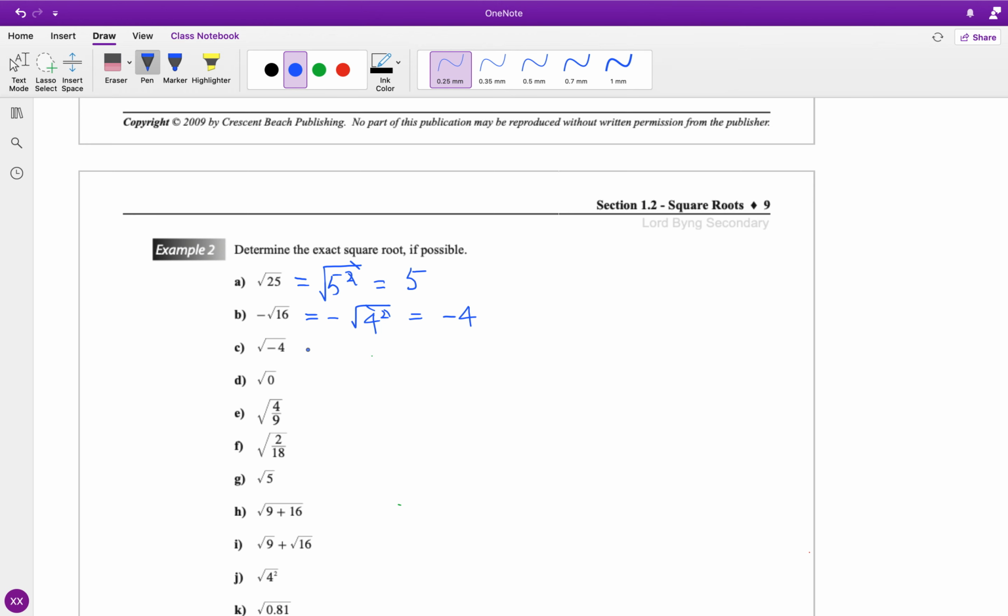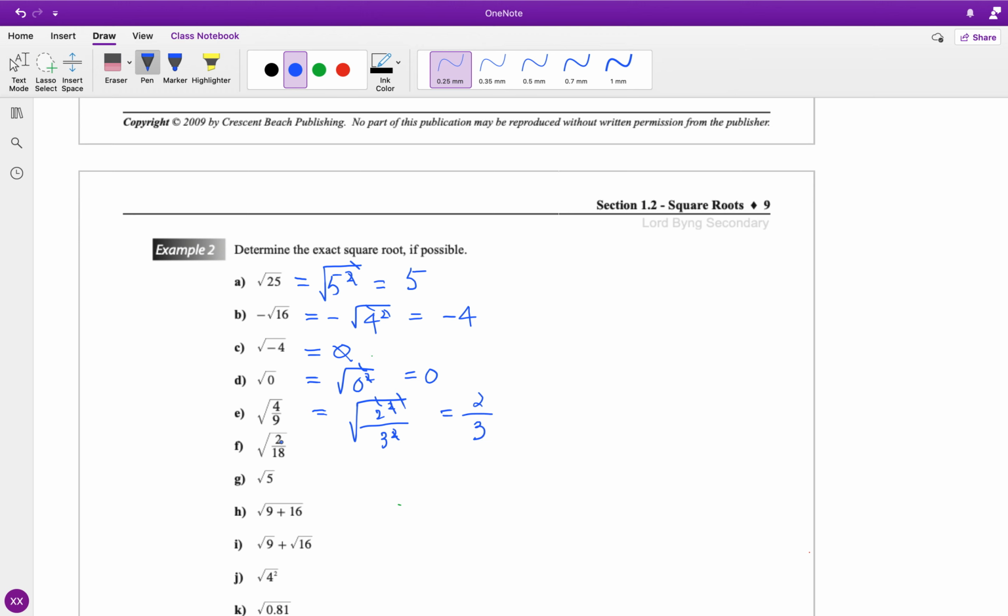Now here, as we said, this is undefined because this is not even a real number. That is a complex or imaginary number. Now this one is 0 because 0 to the power of 2 is still 0. Now this one I can write as 2 to the power of 2 over 3 to the power of 2. Both cancel, so it comes out 2 over 3.